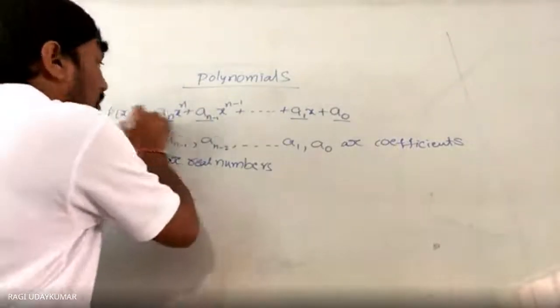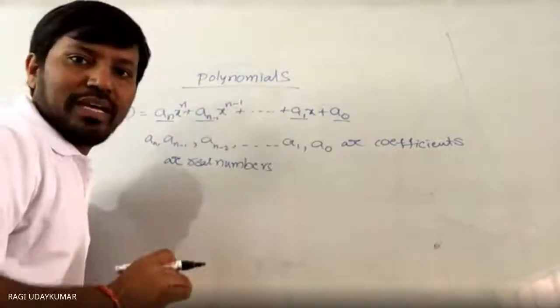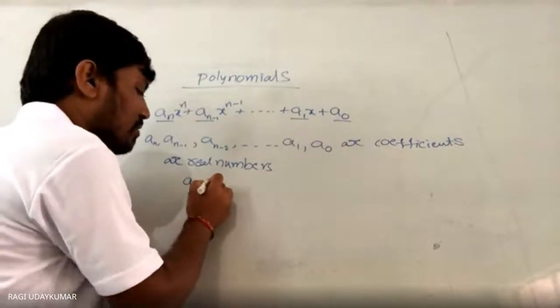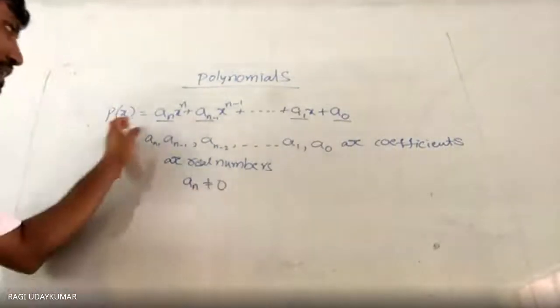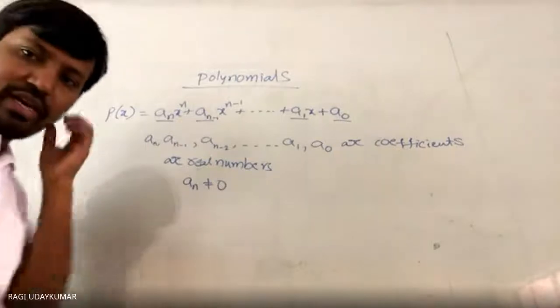This polynomial is called an nth degree polynomial if a_n is not equal to 0.